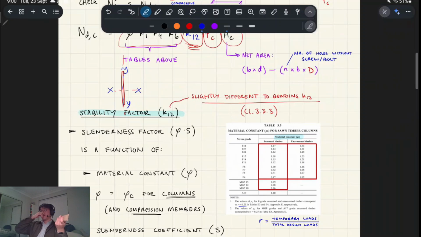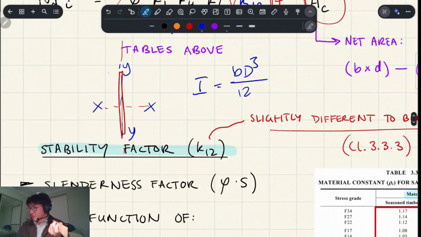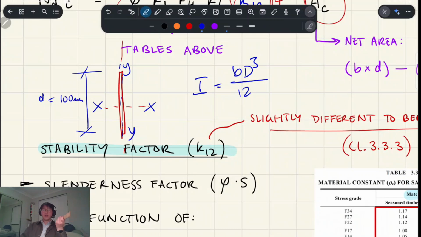Basically, if we were to bend it around YY, it's stronger, right? Because if we think of the moment of inertia as BD cubed on 12, then when you have a larger value for D here, let's just say D is like 100 mil, that value is going to be multiplied to the power of 3, as per this equation.